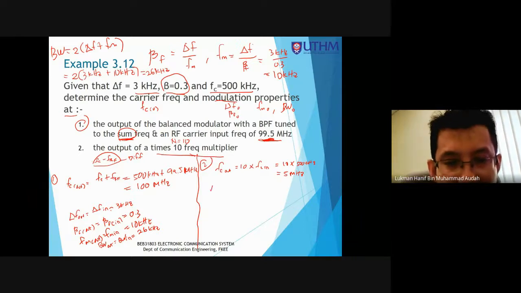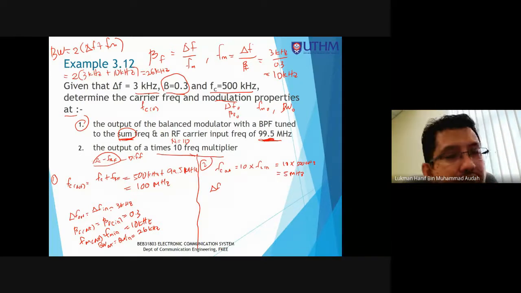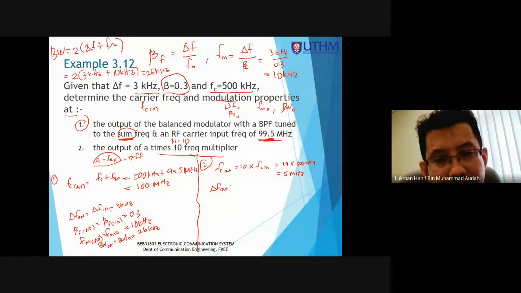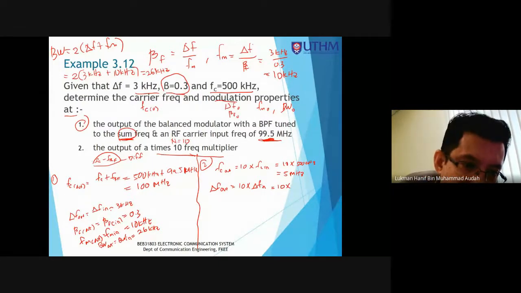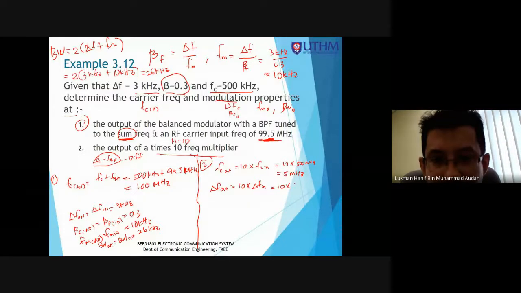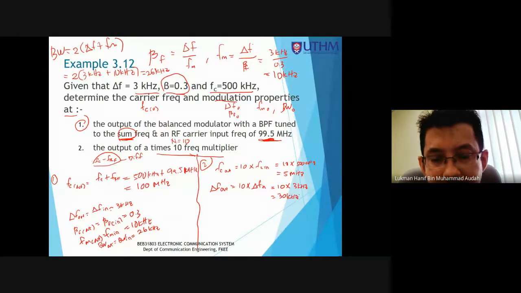Delta F out. Delta F out is equal to 10 times delta F in. Okay, that means 10 times delta F in is 3 kilohertz. So this is 30 kilohertz.